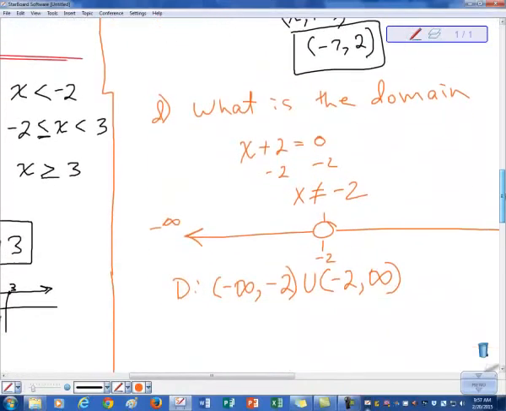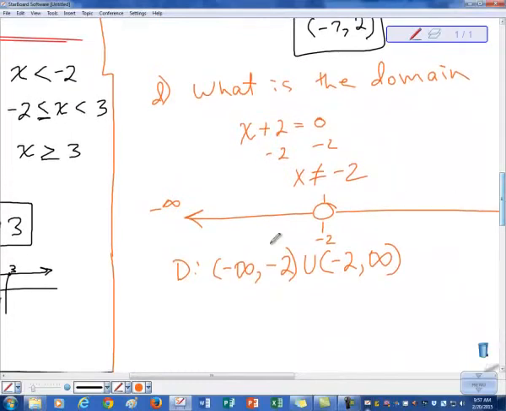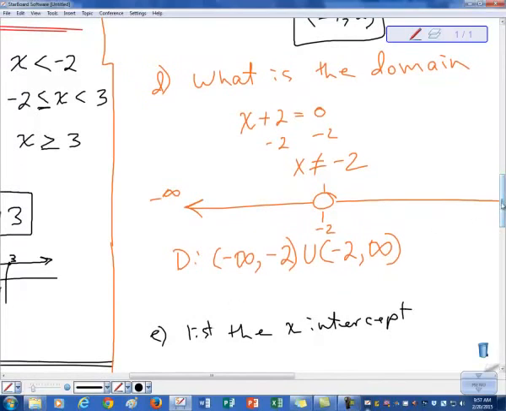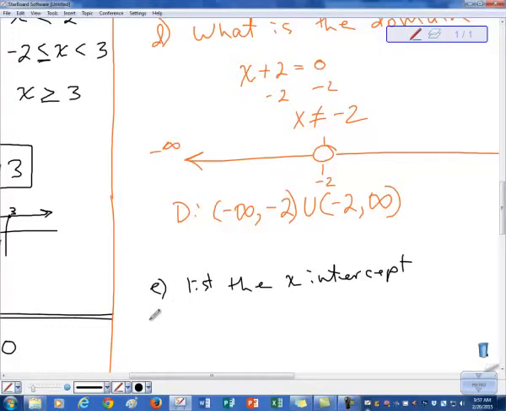We also want part E: list the x intercept. And this part you've got to show algebraically how this is done. To find the x intercept, we set y equals 0 and solve for x. To find the y intercept, set x equals 0 and solve for y.